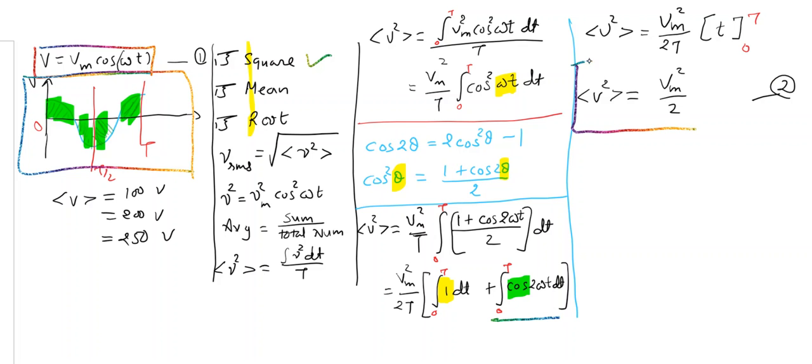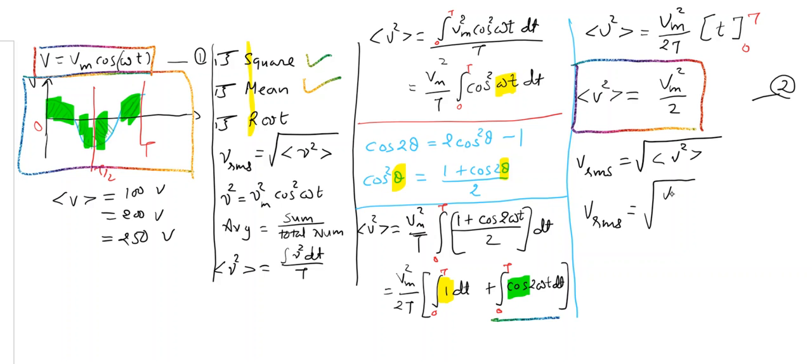And now if I take root of this, I'll get Vrms. So Vrms is root of average of square, and hence Vrms will be under root of Vm square by 2.